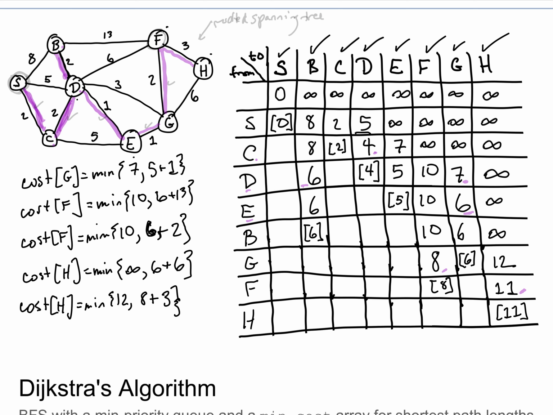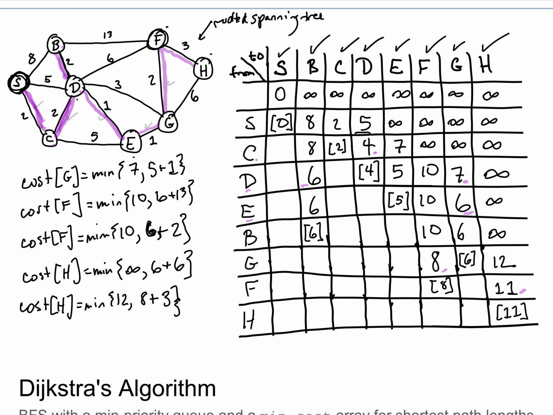We see that we now have a rooted spanning tree, with root S, and the highlighted edges show the edges of this rooted spanning tree, and these edges show the shortest paths, or the minimum weight paths, for each vertex of the graph from the starting vertex to each vertex of the graph.